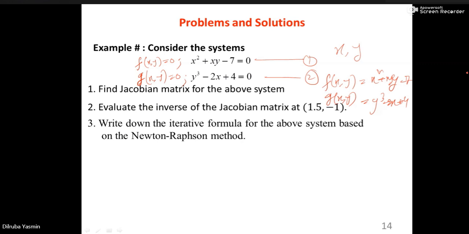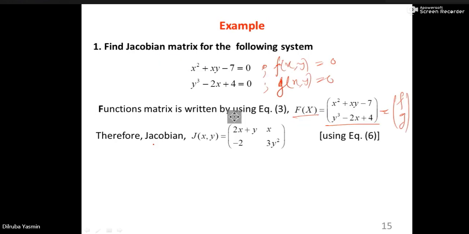By using these two functions, you can make the Jacobian matrix. We have to calculate the Jacobian matrix. So how do we find this Jacobian matrix? We already know the Jacobian matrix can be written like this: del f del x, because we have an x variable and a y variable. Then you have to do this operation del f del y. Similarly, you have to do del z del x and del z del y.